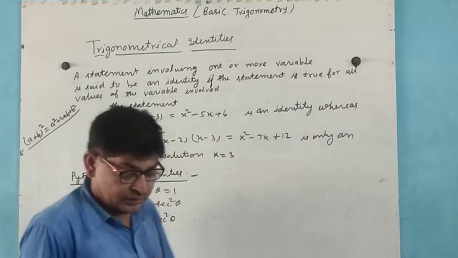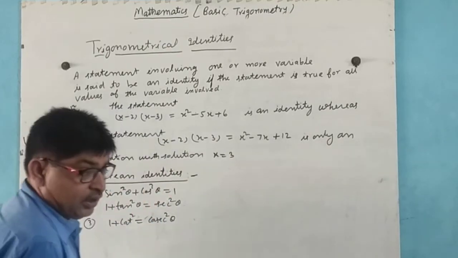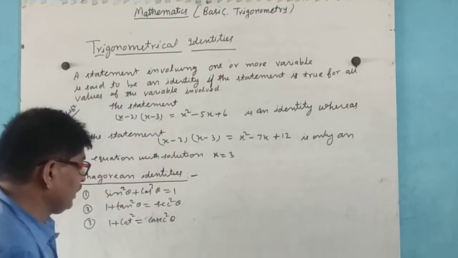These three relations are known as Pythagorean identities.